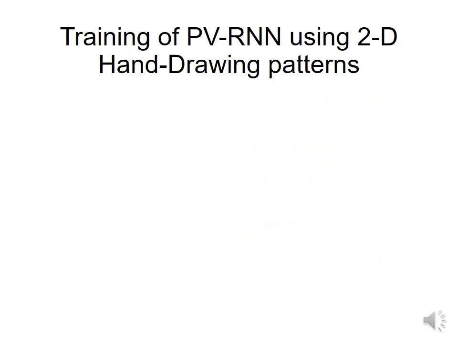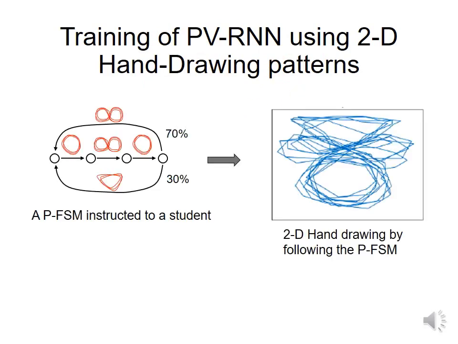So in order to perform the experiments of learning in the PV-RNN, we use 2D hand drawing patterns collected by volunteer students. We ask the students to draw hand drawing primitive movement patterns. Then the movement pattern is switched by a probabilistic finite state machine like this one.